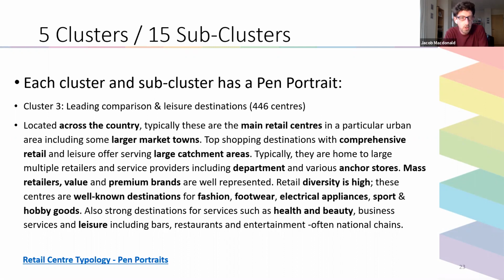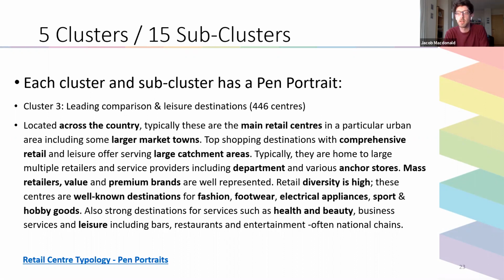So this is an example of cluster 3. This would be one of the main clusters, a comparison shopping destination. Comparison shopping is more about going out to shop, so you have more family activity, browsing of different stores, walking around. This would fall in line with the leisure destinations.